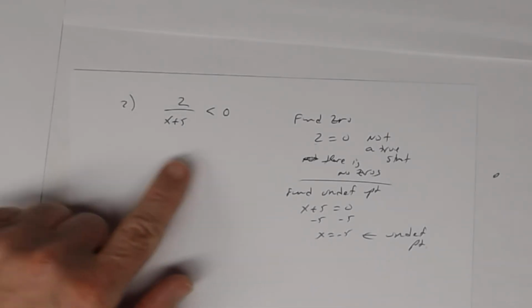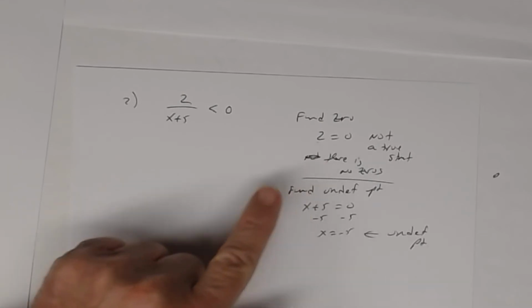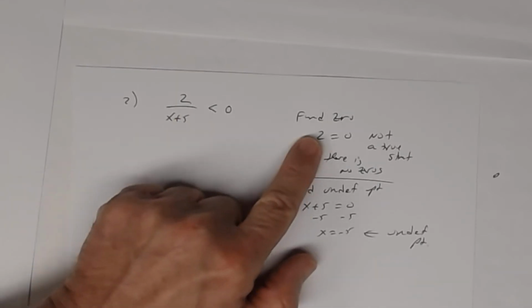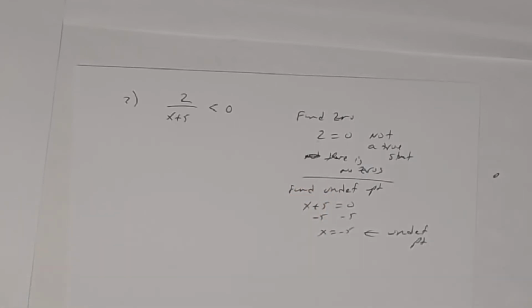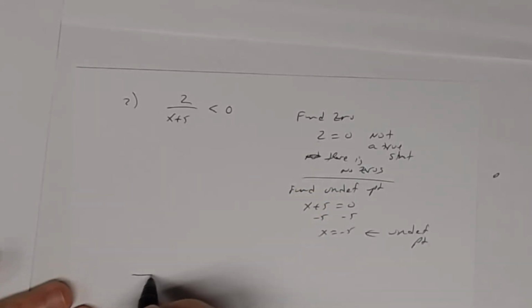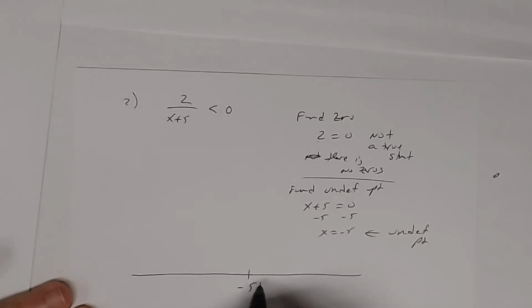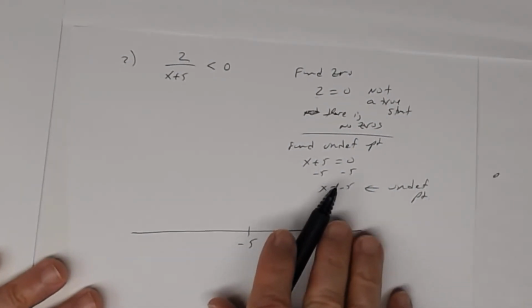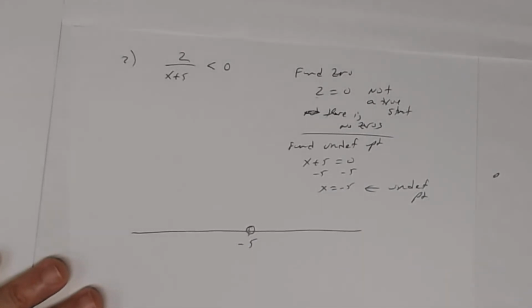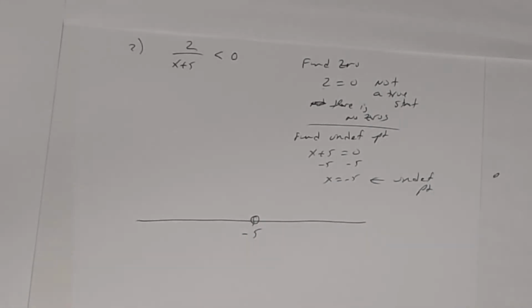So you got to be careful. You got to think about what it is you're saying. So to find the zeros, you said the numerator equals 0, but in this case, it doesn't make any sense. So there isn't going to be any zeros. All right, so all we do is just put that one number on that number line, right? And since that's an undefined point, we're going to automatically put an open circle there.